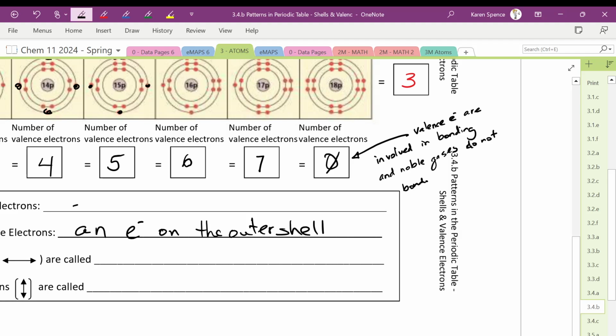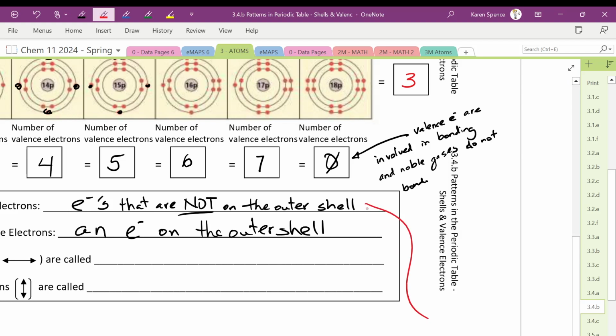They are electrons that are not on the outer shell. They are on the inner shells. So those are your core electrons.